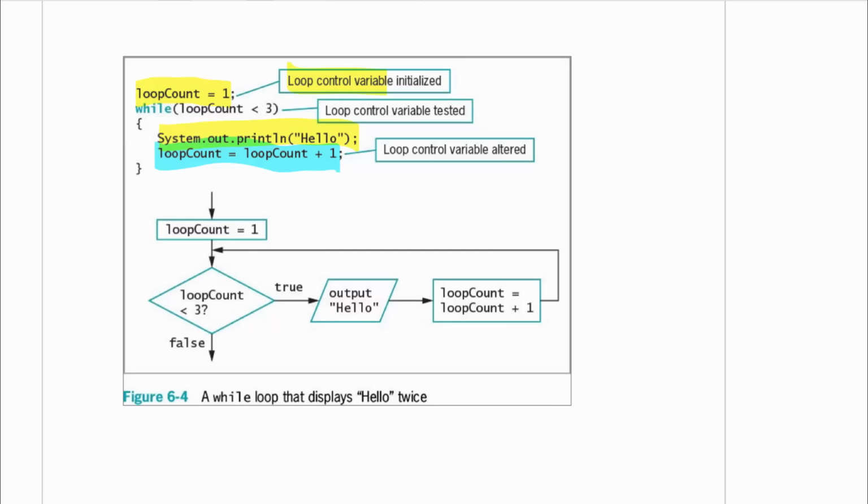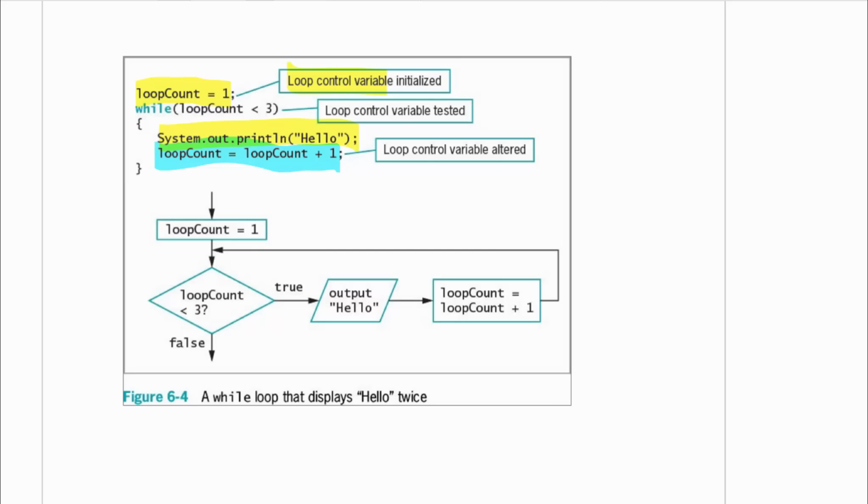So you add 1 to loop count, and now loop count is equal to 2, and then you go back to the while loop conditional check and you say, is 2 less than 3? That evaluates to be true, and so you run the loop, and then you add 1 to loop count again. Now loop count is equal to 3 because you added 1 to it. You go back to the test condition and you ask, is 3 less than 3? And that evaluates as false, and that gives you a way to exit the loop.